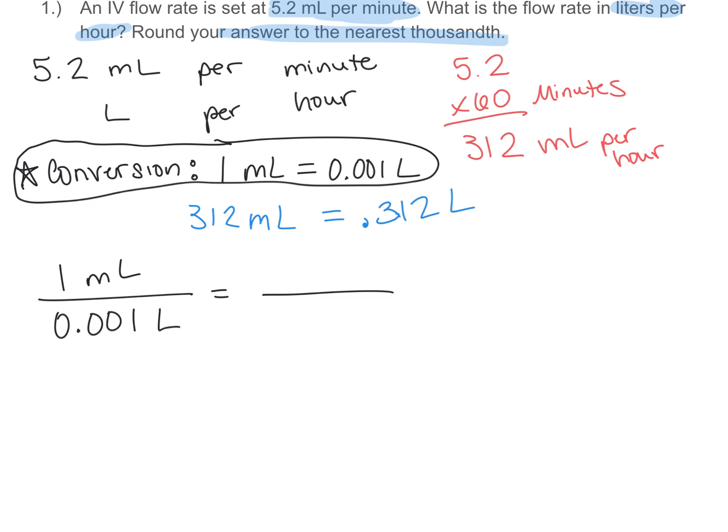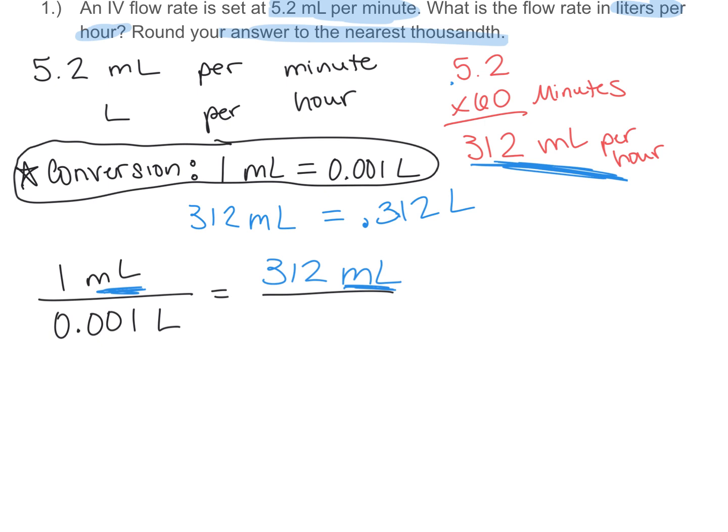On my right side, I'm given 312 milliliters per hour. I was really given 5.2, but I had to multiply by 60. So I can put 312 milliliters in my numerator because I want that to match.